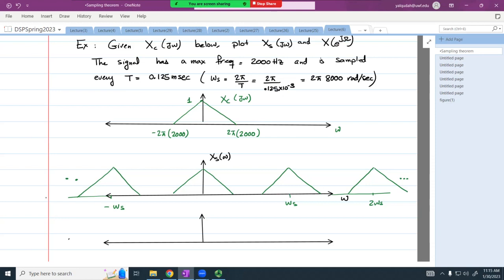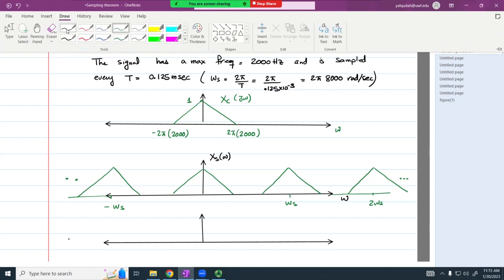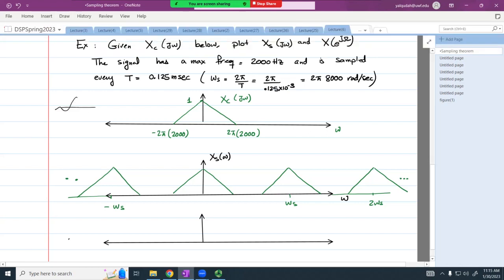This spectrum corresponds to a continuous-time signal. So let's say this signal looks something like this in the time domain. I sampled this signal, so I now have impulses that look like this. This is the time domain. The spectrum of the sampled signal is going to look something like this. What else do I need to add here? The magnitude is going to equal 1 over T, which equals 8,000.